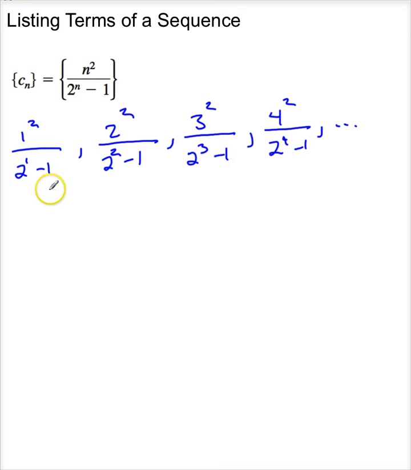All right, so this becomes 1 over 1, or just 1, 4 over 3, 9 over 7, and 16 over 15.